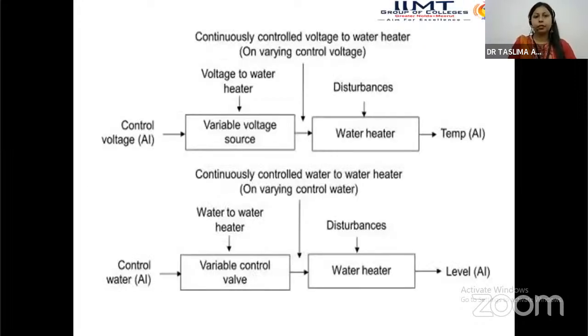That example I am describing here is a continuously controlled water heater, because the input variable is the control voltage, and that voltage source provides a particular range, and that range is given to the water heater system, and there may be different disturbances, environmental disturbances also, and noise may occur that we have to control.